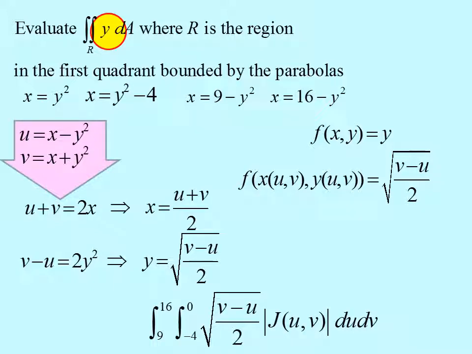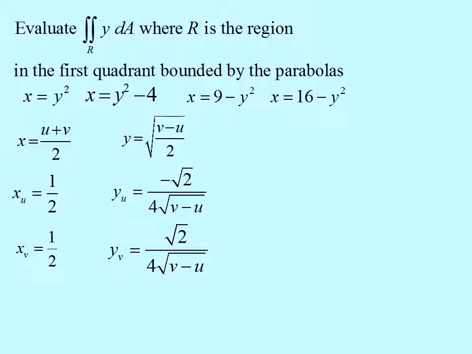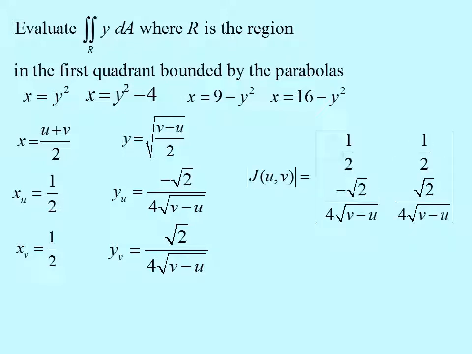Now we need the Jacobian determinant. So we'll do the partial of x with respect to u, the partial of x with respect to v, the partial of y with respect to u, and the partial of y with respect to v. Put those into a determinant and then evaluate the determinant.